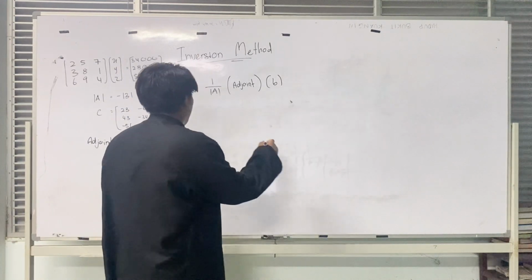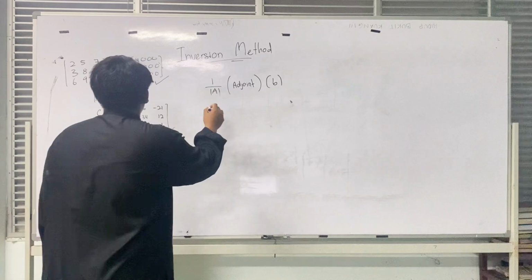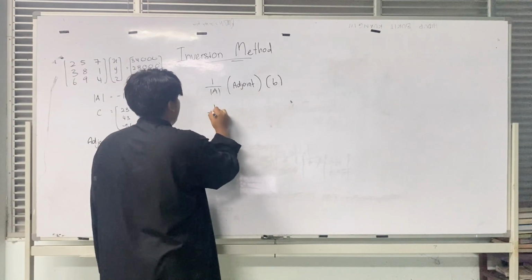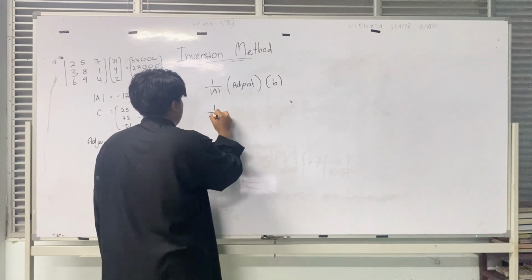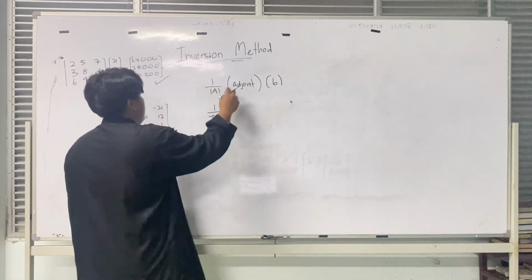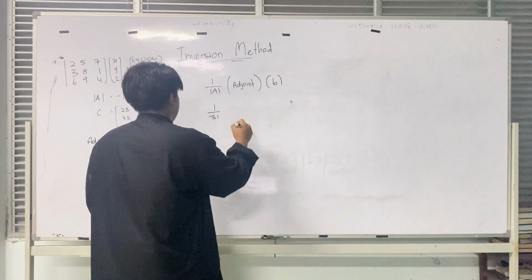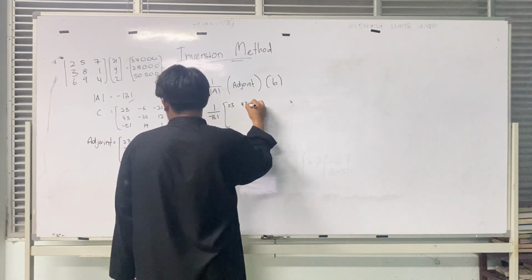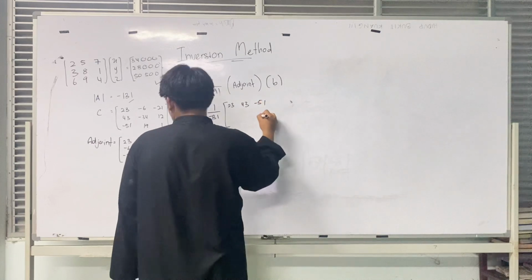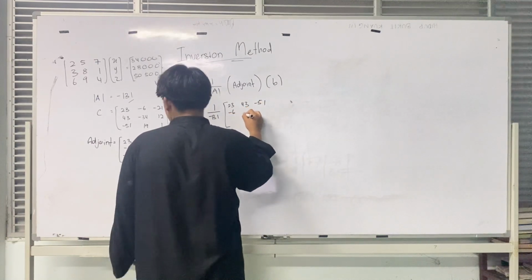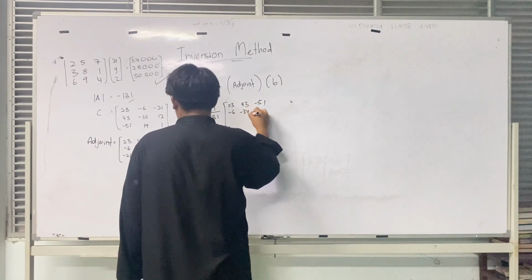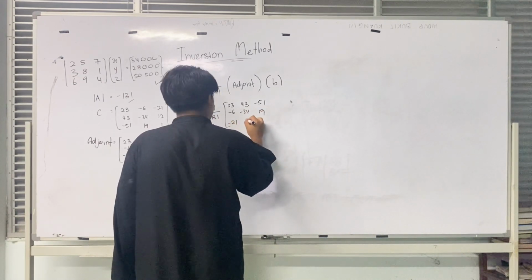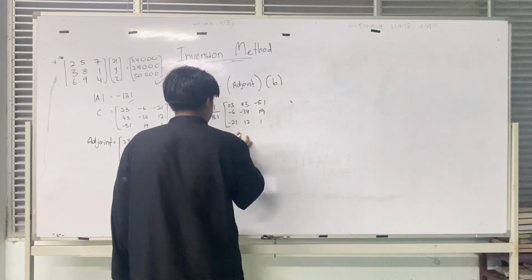So the determinant we get is negative 131, and the adjoint we get is 23, negative 51, negative 6, negative 54, 19, negative 21, 12, and 1.